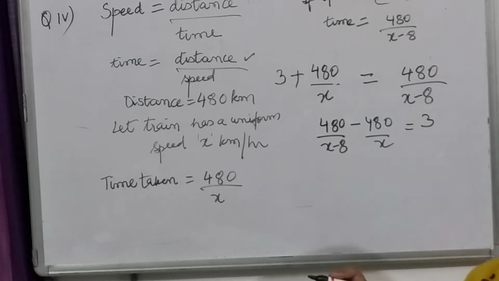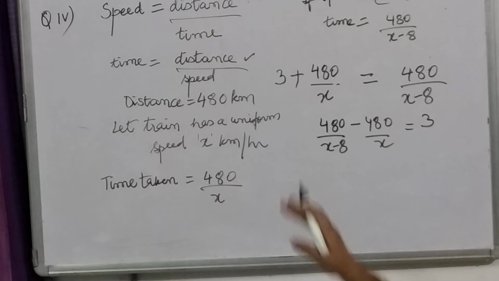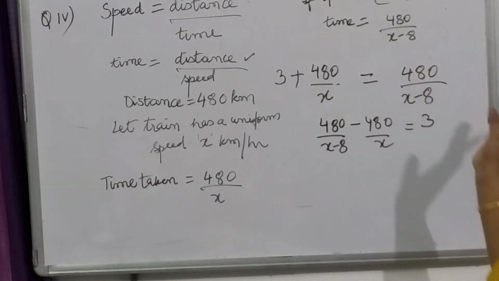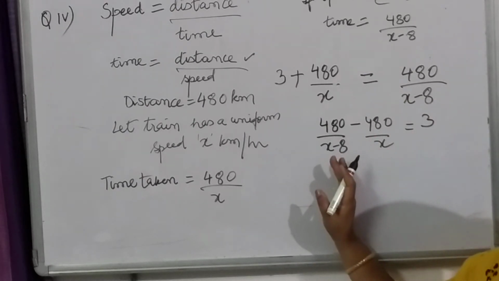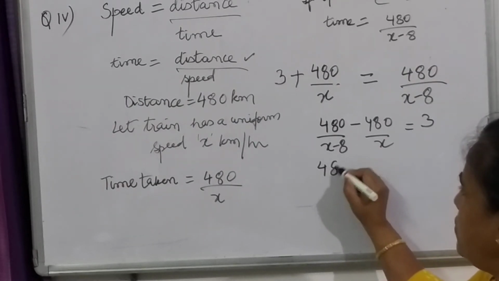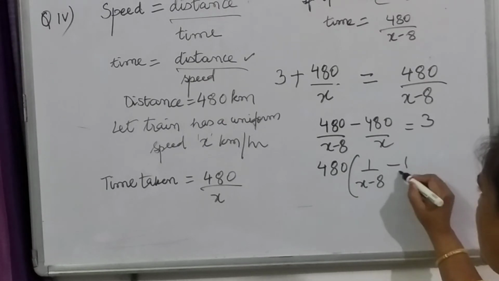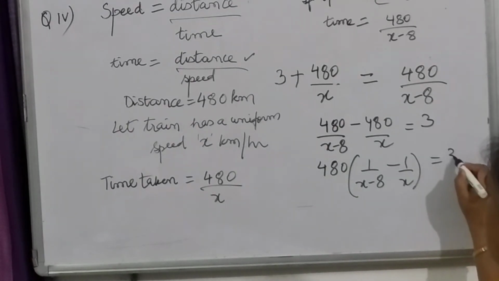So I've taken both the 480s on one side. The reason being that otherwise, if you are doing it by the LCM method, first taking the LCM and then equating it, that would have been a very big calculation. So you are going to take both the 480s on one side, take 480 common. These are some of the tidbits of mathematics and you should learn them because you are in 10th now. 1 upon x minus 8 minus 1 upon x is equal to 3.